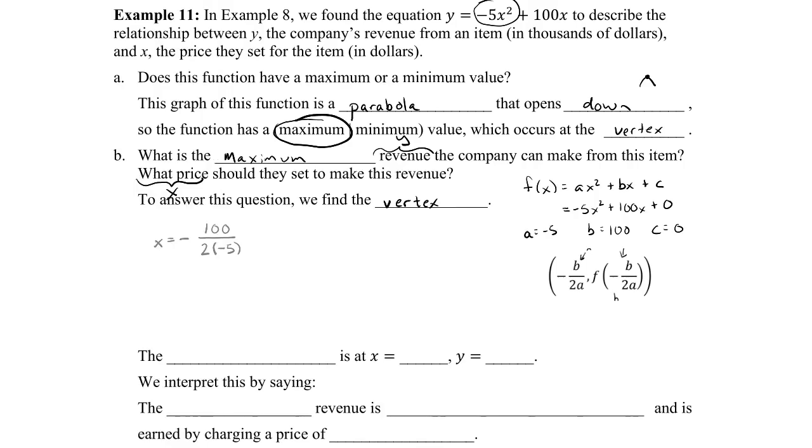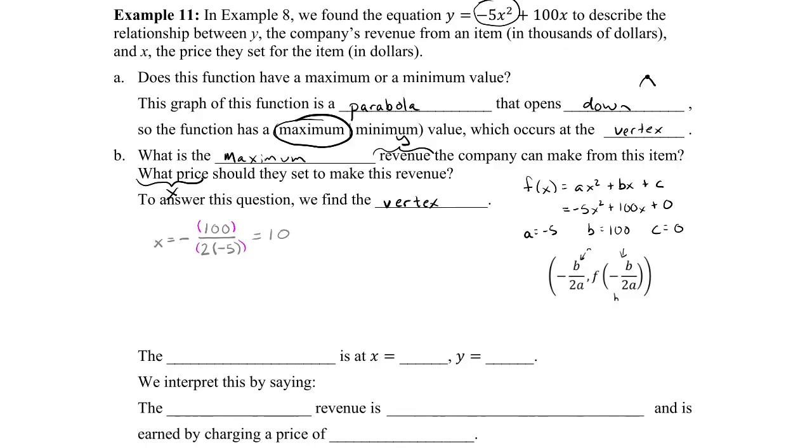Remember, whenever we put something with a fraction bar into the calculator, we need parentheses around the numerator and denominator, because that fraction bar acts as a grouping symbol, but the division sign on the calculator does not. So this works out to give us x equals 10.